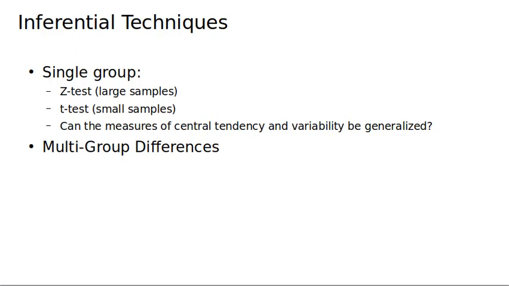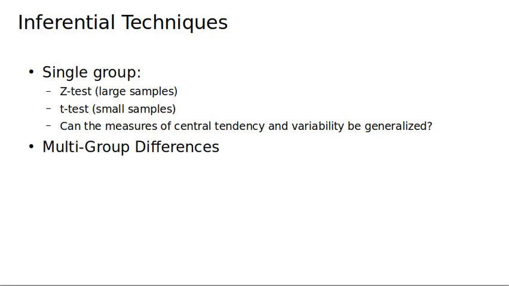So we can determine whether or not a sample mean or median or mode, or if we're looking at measures of variability, could the standard deviation be generalized to the wider population, etc. So we're determining if those single group measures of central tendency or variability could be generalized using some of those inferential techniques.